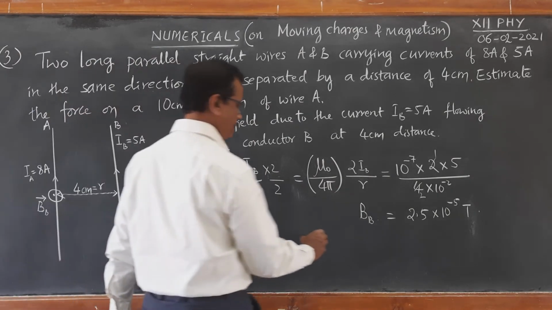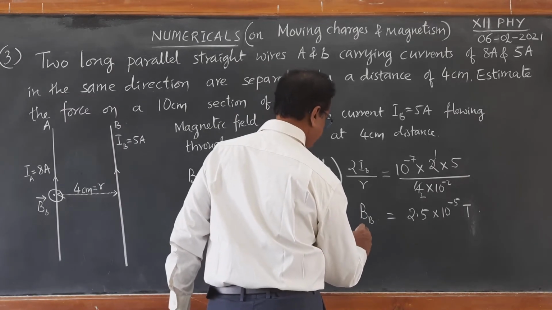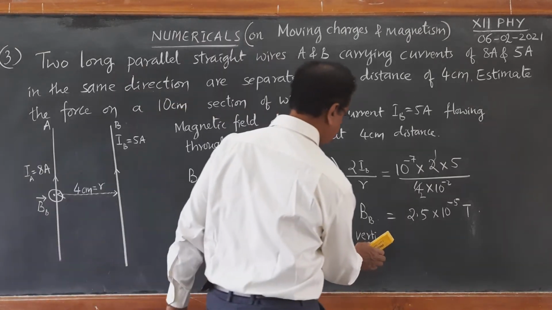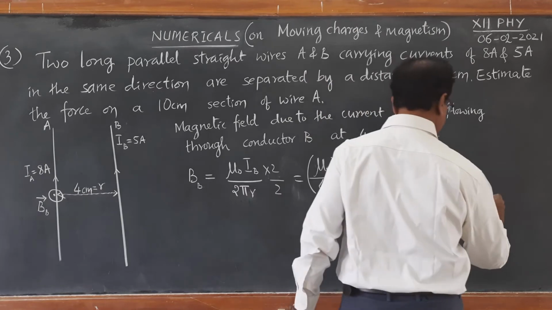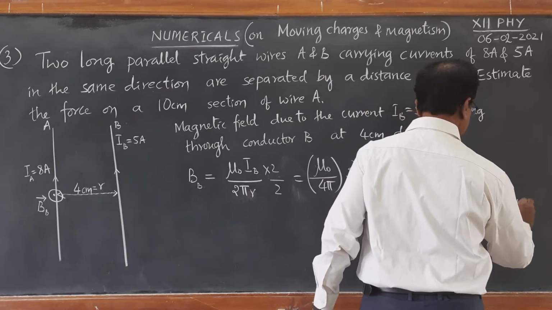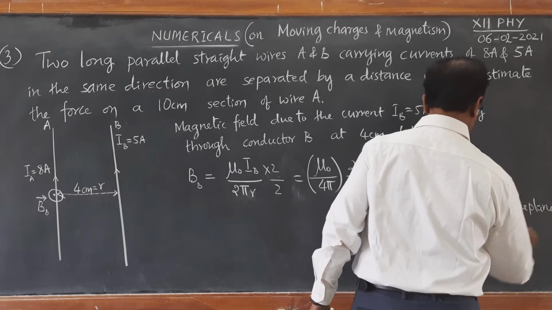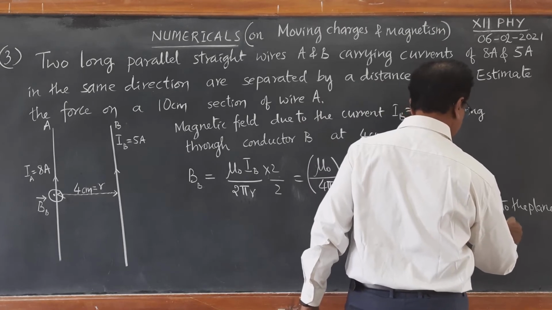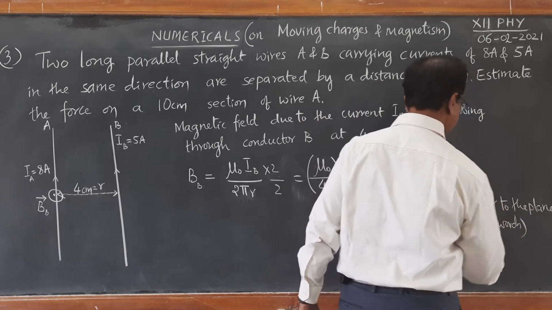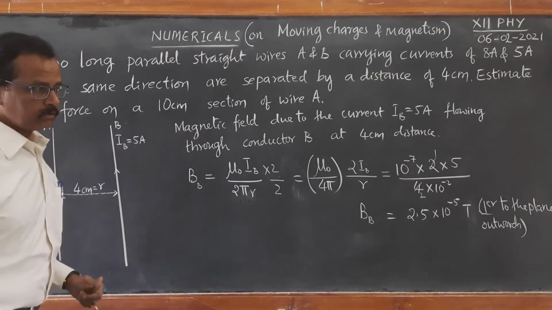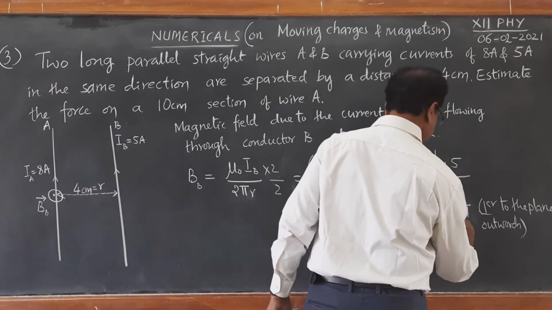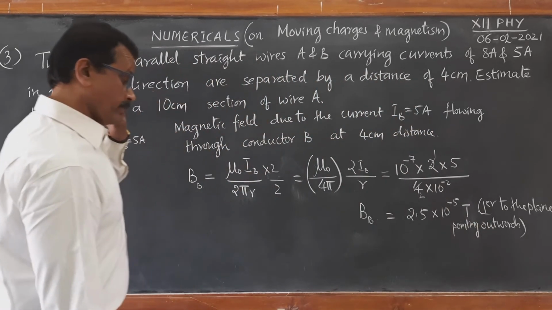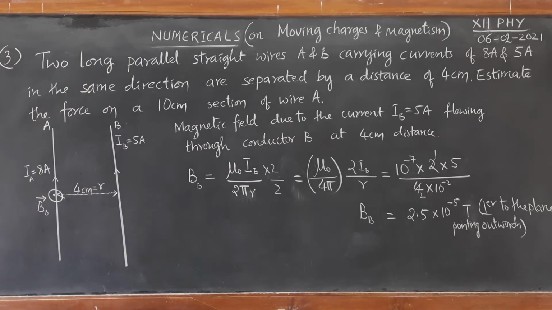So you can write here perpendicular to the plane of the board, pointing outwards. Now we can find out what is the force on this conductor.